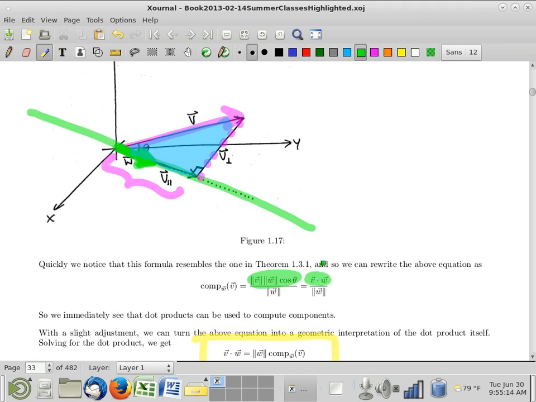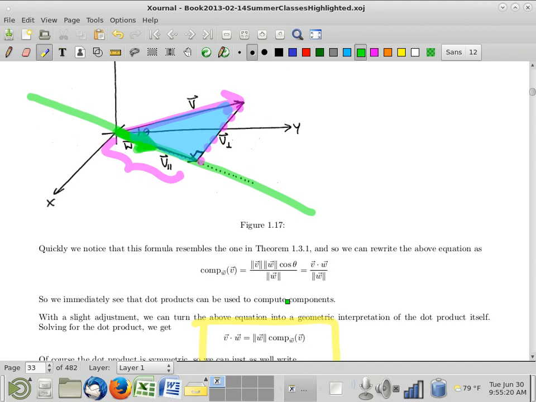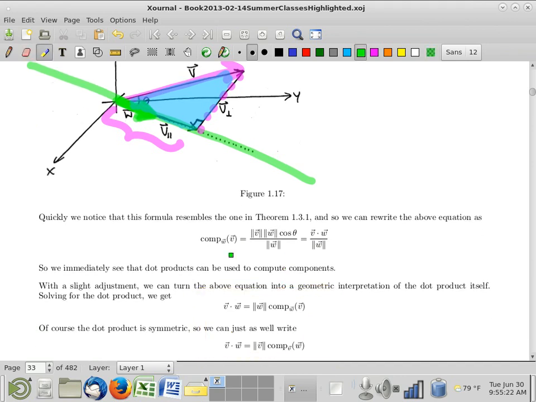It's a wonderful little lucky coincidence. That being said, you then have a convenient formula for how to compute components. If you want to compute to what extent this one vector points in the direction of this other vector, there you go: dot product divided by the magnitude of the direction vector W.